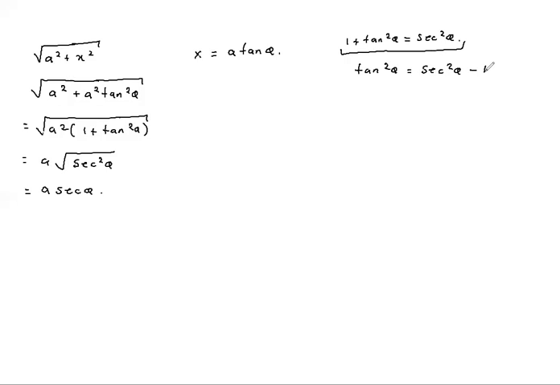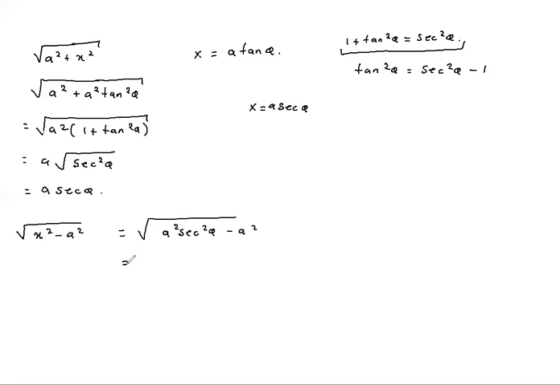So if we had the swapped order, x squared minus a squared, then we'll use x equal to a sec theta, so that we have a squared sec squared theta minus a squared.